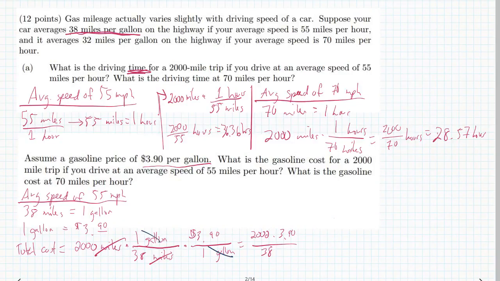All right, and so what we're left with is just a cost at the end of the day, which is what we wanted, right? And so now we can pull out the calculator. We get 2,000 times 3.9, and then we want to divide that answer by 38. And so our total cost of the trip, there's fractions of a cent involved in this one, so is $205.26, I believe.